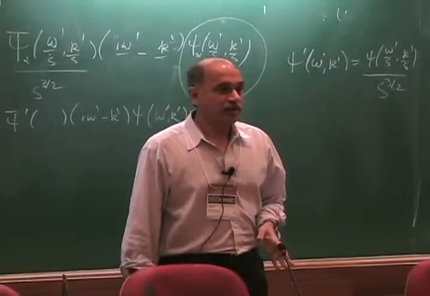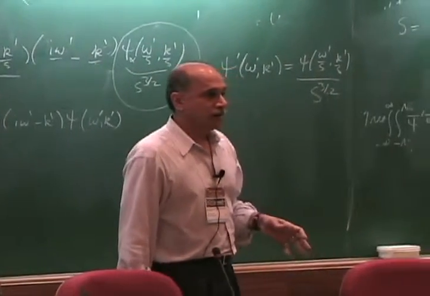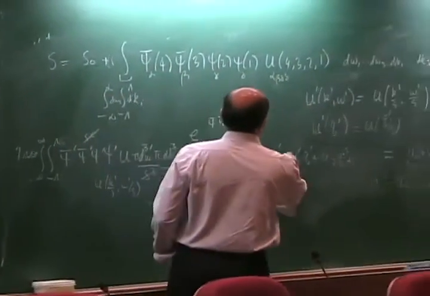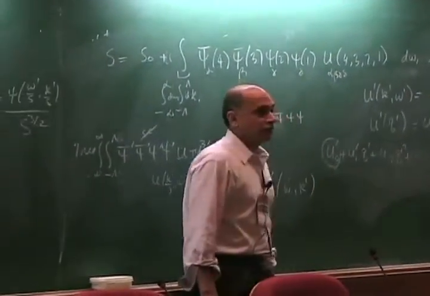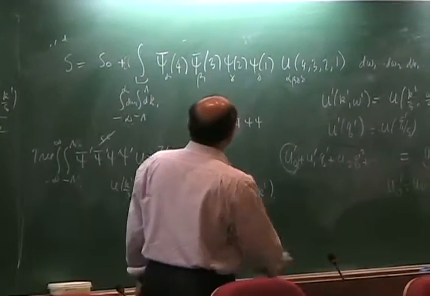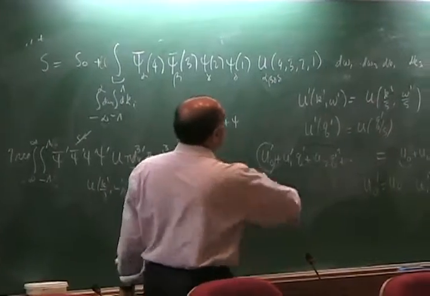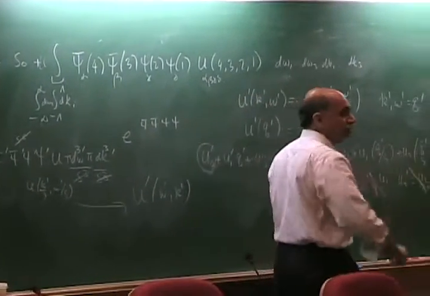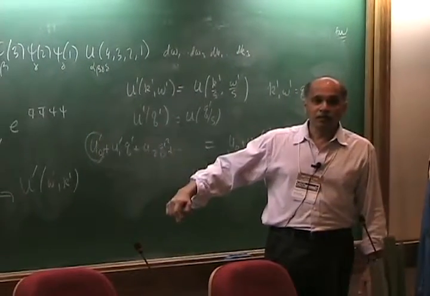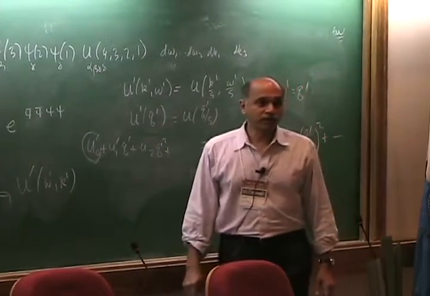The only interaction that can possibly be of any importance in low energy physics is this guy here, U0. Not only that, somebody can say, well, what if I put 6 fermions? Psi bar, psi bar, psi bar, psi with some function W. There you can show, by the same argument, even W0 is irrelevant.